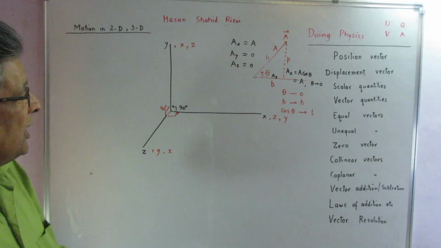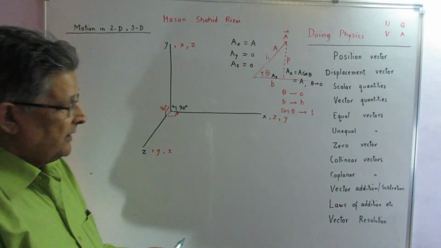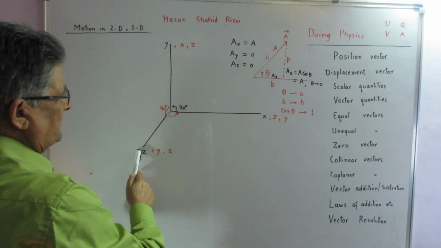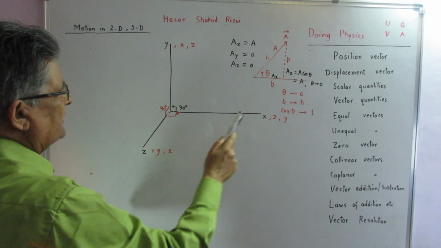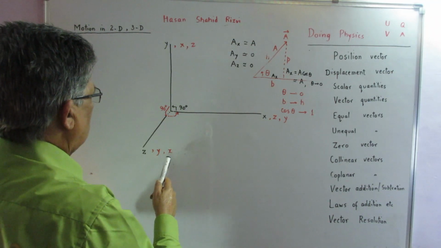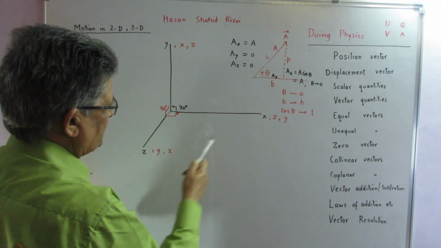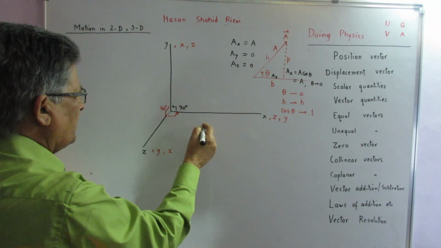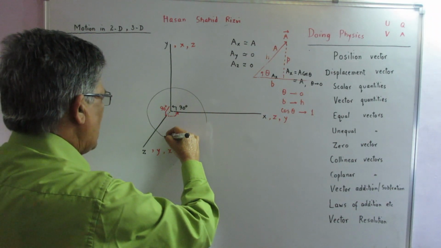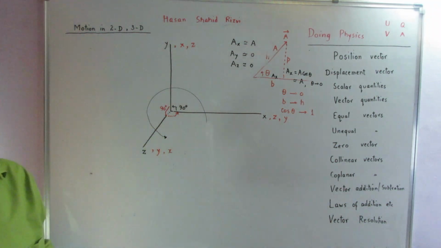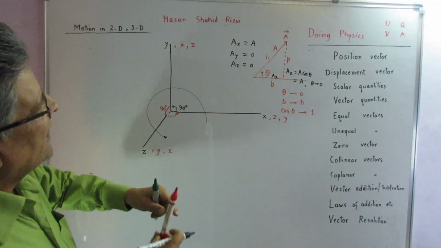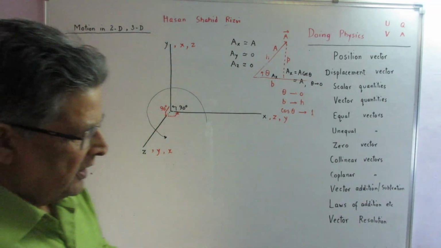I re-emphasize, I had the axes drawn as x, y, z. And then this direction is x, y, z. So how do we go? We go anti-clockwise. There is a positive rotation of the axes in the anti-clockwise direction, and I can show this to you here.